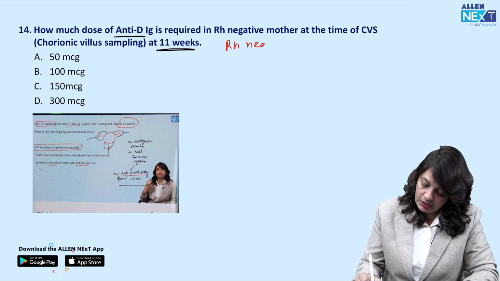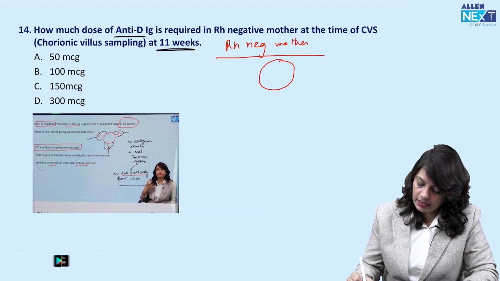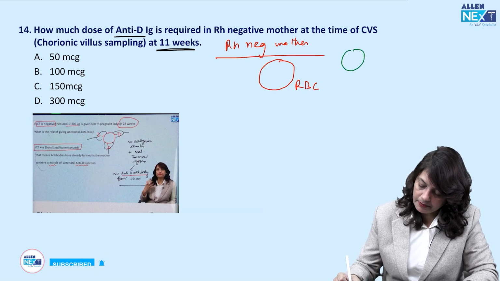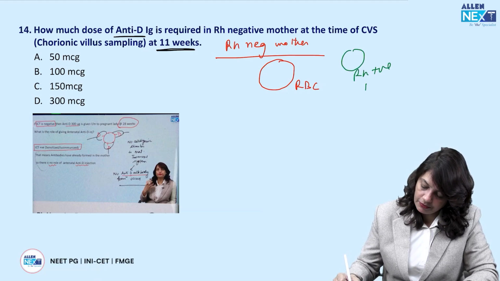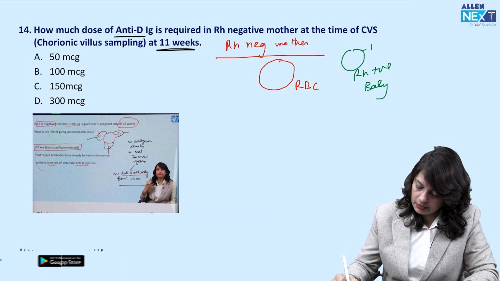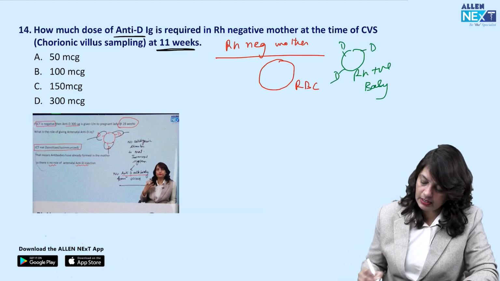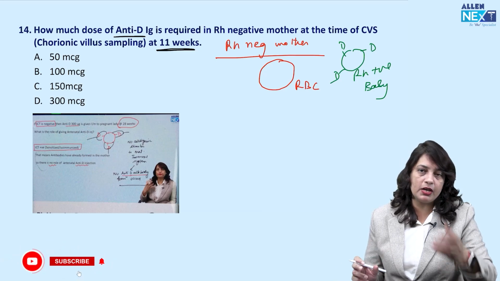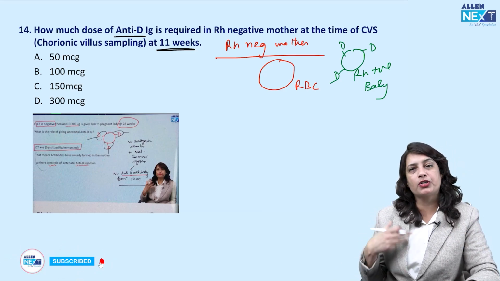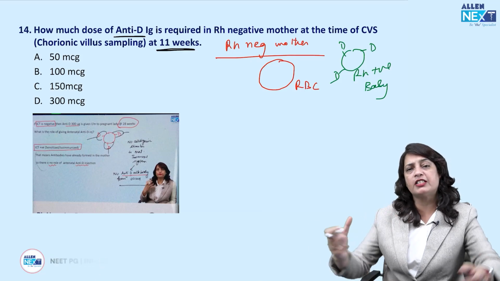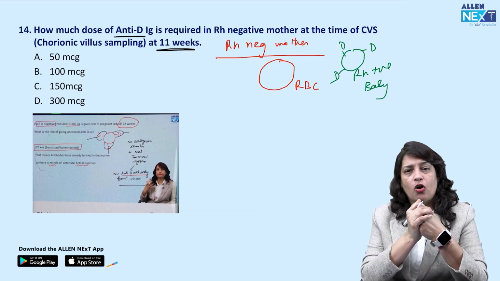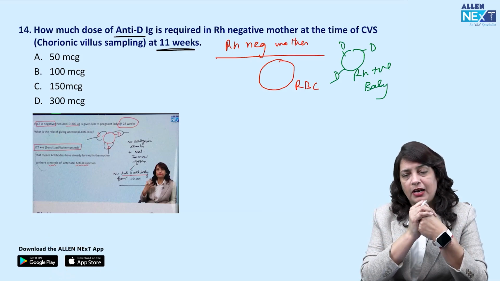Rh negative mother means she does not have a D antigen on her red cell membrane, and if she is carrying an Rh positive baby where the D antigen is present, the fetal RBC can enter into maternal circulation if there is any MTP, abortion, ectopic pregnancy or any invasive procedure like chorionic villus sampling, amniocentesis or cordocentesis, or external cephalic version.